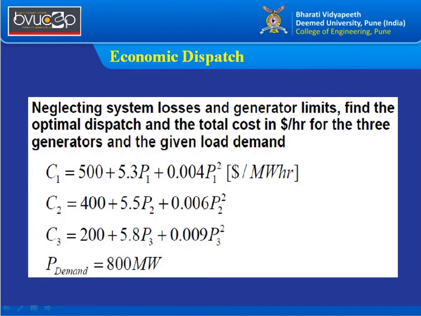So let us see the first numerical related to economic dispatch. Let me point out that this C term we are seeing here is different compared to yesterday's example or the previous video lecture. This C is the objective function, defined as a quadratic equation, which is the input-output characteristic obtained for the generating plant.